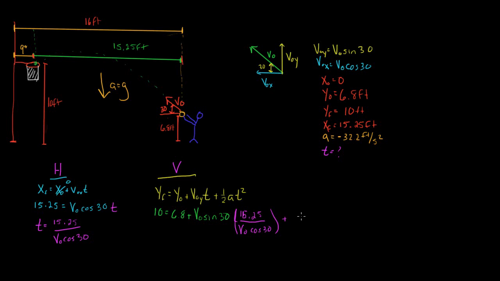And if we keep going, we get plus 1/2 times minus, this is not 9.81, this is minus 32.2 times this expression for t squared. So 15.25 divided by v0 cos 30, squared.